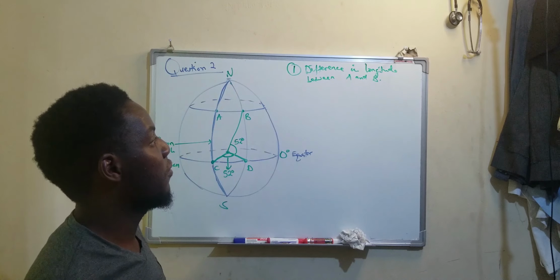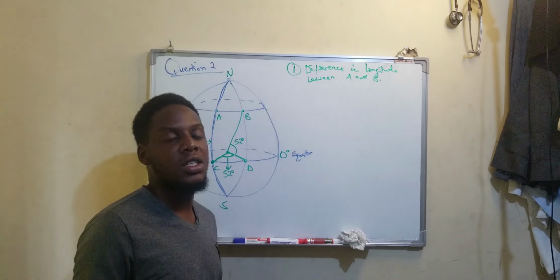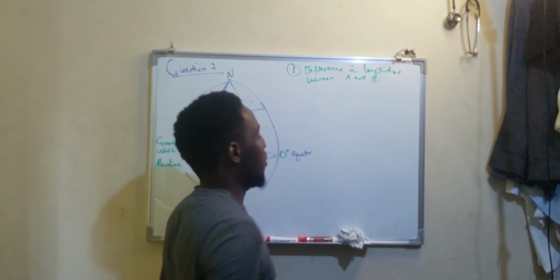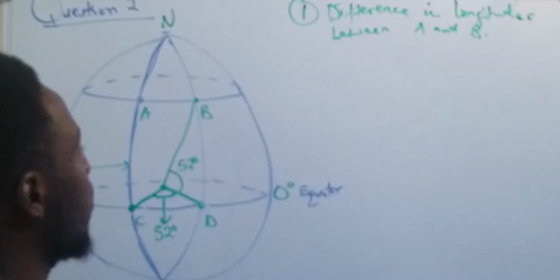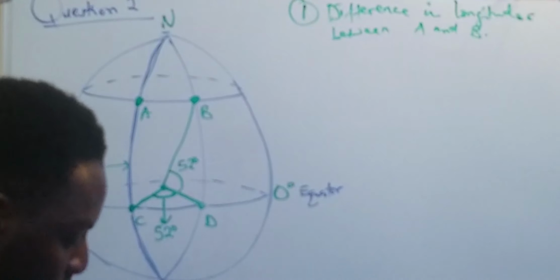So if you remember in our first video as well as the second video, I said that when finding the difference in longitudes, what you have to do is first check out those 2 points. Point A is here, point B is there.